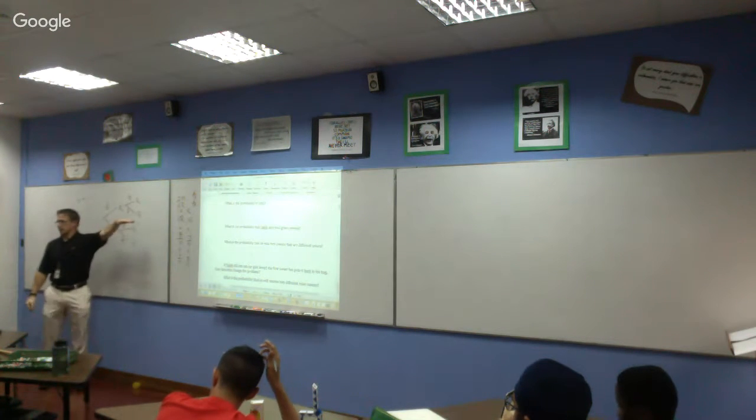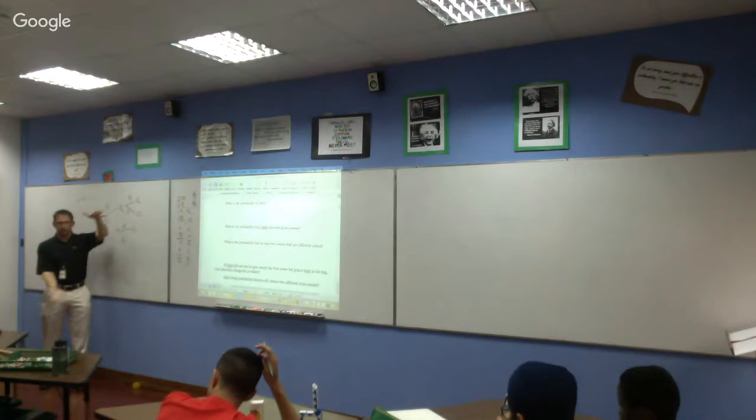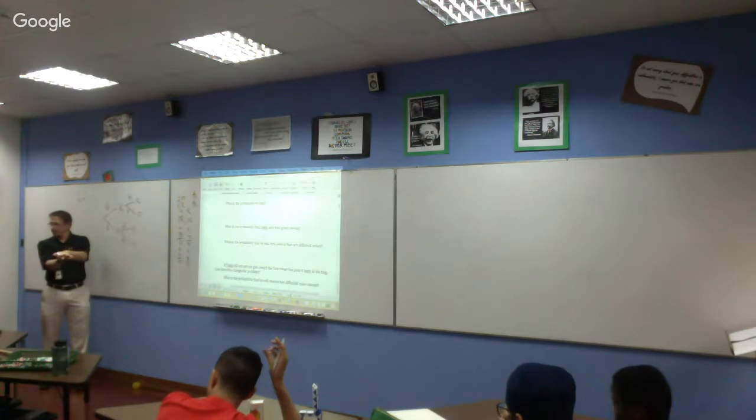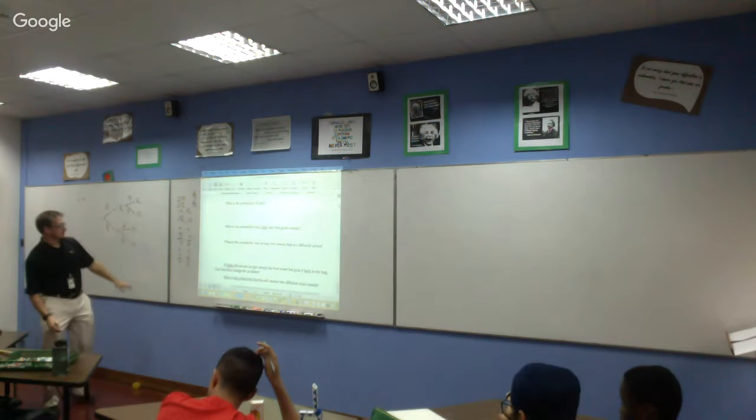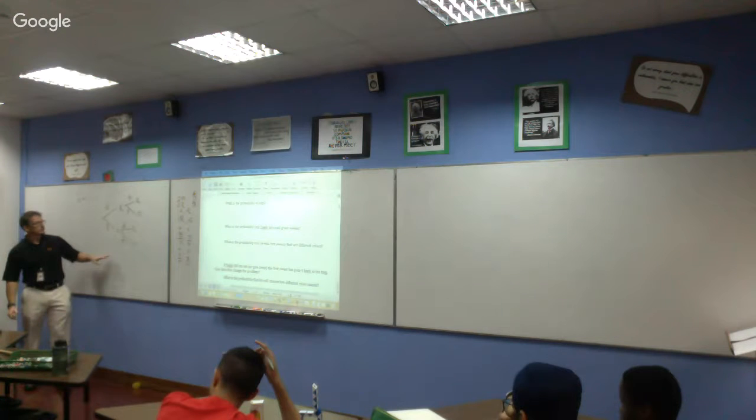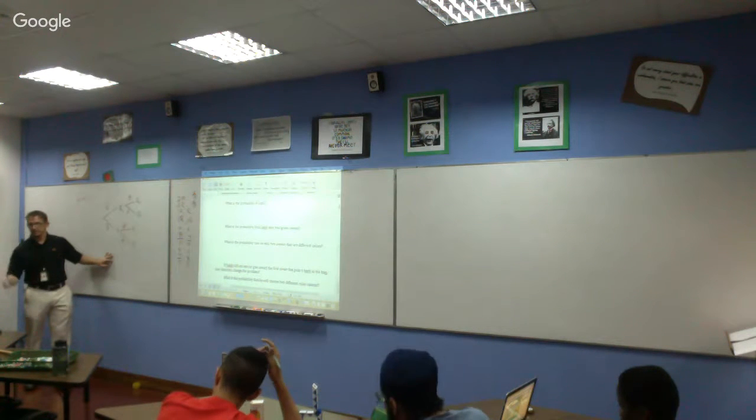Down the branch, we do what? Multiply. When we have to put the branches together, we add. Okay? We add. Very good. What is this, by the way? Both of them are 4 out of 15.